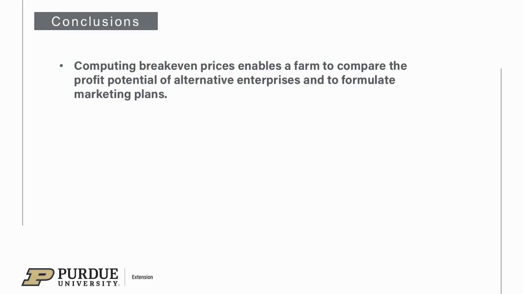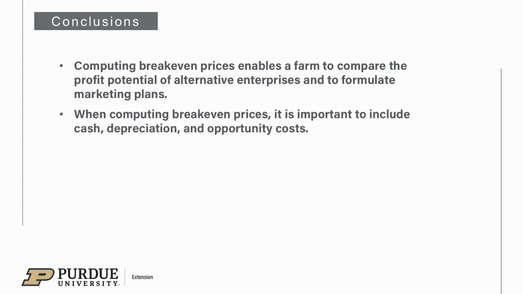In conclusion, computing break-even prices enables a farm to compare the profit potential of alternative enterprises and to formulate marketing plans. When computing these break-even prices, it's important to include cash, depreciation, and opportunity costs. If you want to look at a break-even price related to a particular piece of ground in terms of affordability of that land, by all means, you can use cash costs, which will include principal payments.